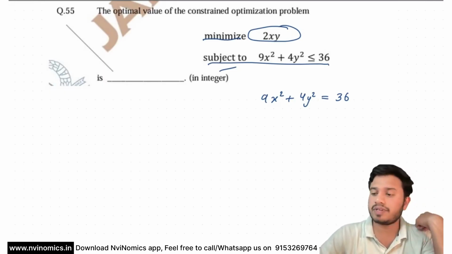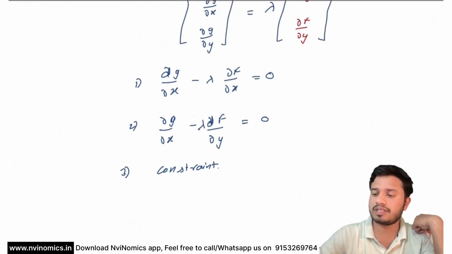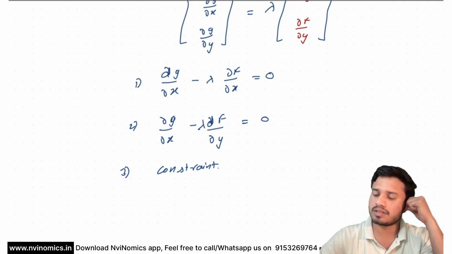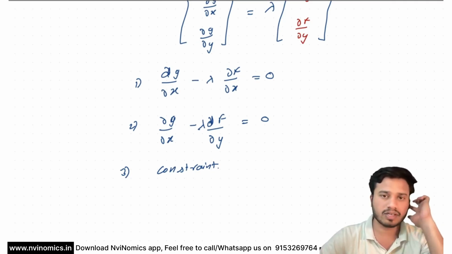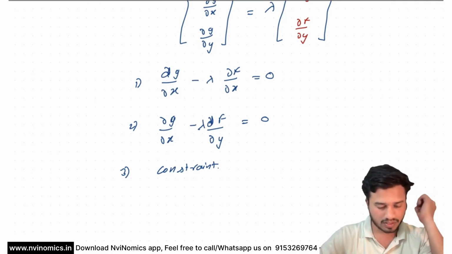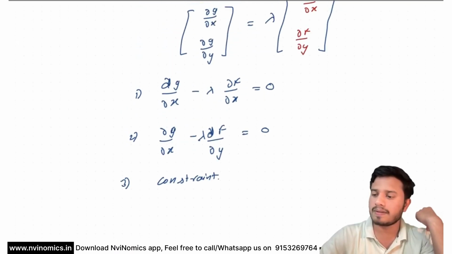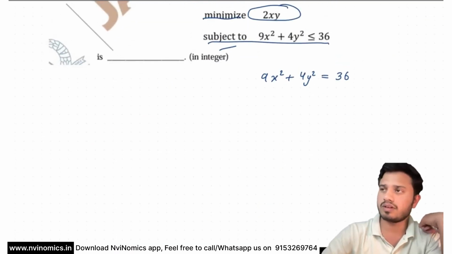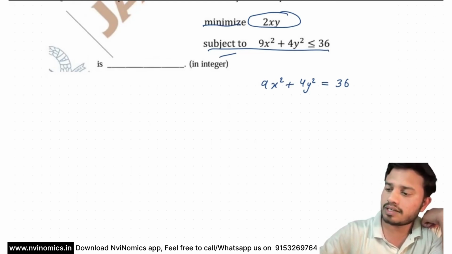So remember what was the first equation? It was del g minus lambda times the condition. So you can write it.